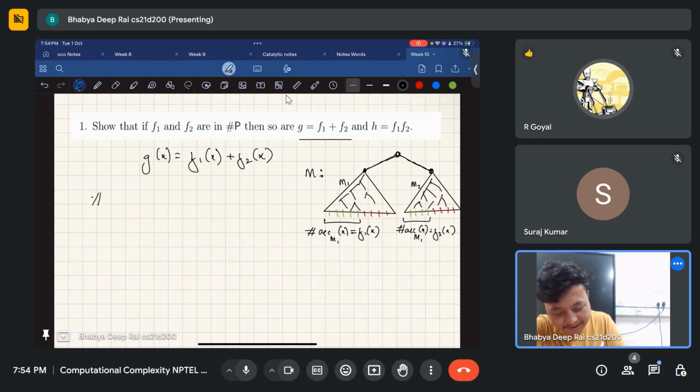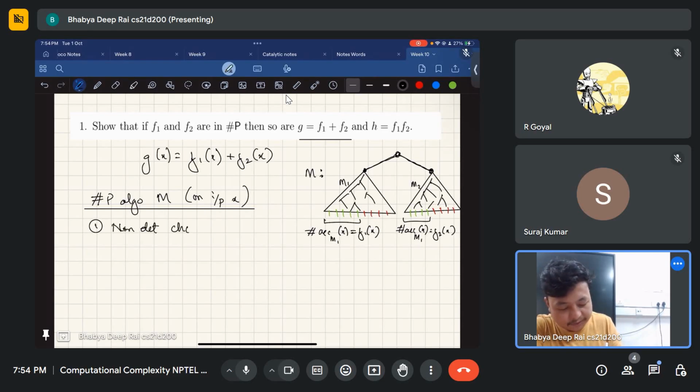Here's the Sharpie algorithm M on input x. All you need to do is non-deterministically choose, let me call it b, between 0 and 1.